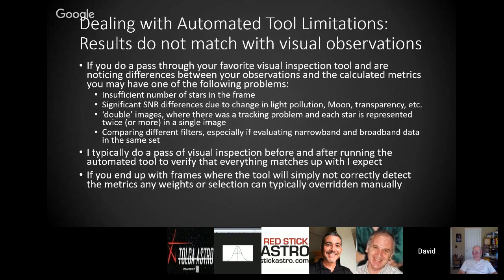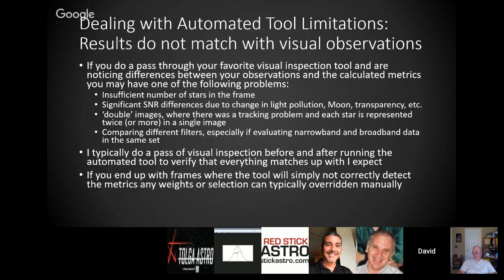Sometimes your results don't match with your visual observations, right? So if you've stepped through all your images, and then you're looking at the results and saying, well, this doesn't really make sense to what I saw, you can have some of these types of issues. Sometimes if there is an insufficient number of stars in the frame, the metrics may not be calculated correctly for star size, for example.